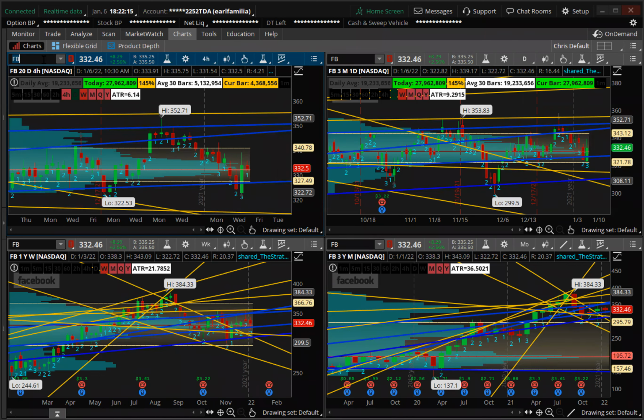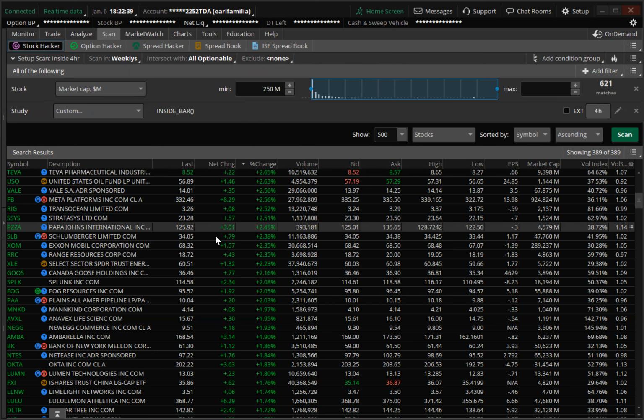Facebook gives you the look of something that's potentially going to push down in the morning. But tomorrow looks to me like it's going to be an inside day, whichever direction it goes. So I'm not sure I want to get in on Facebook on the inside day. We'll have to do some serious work to break out.